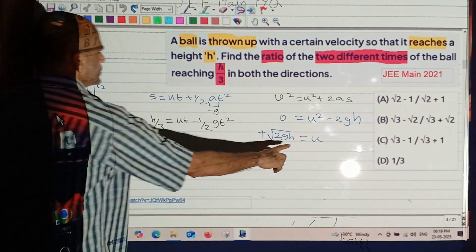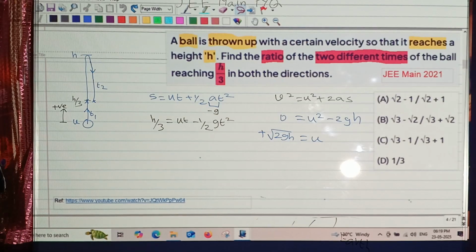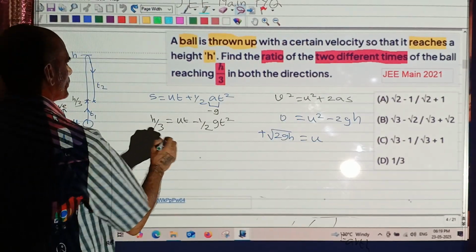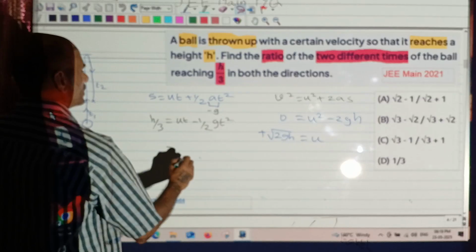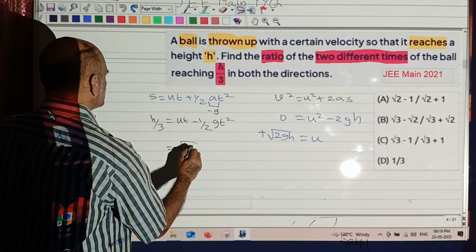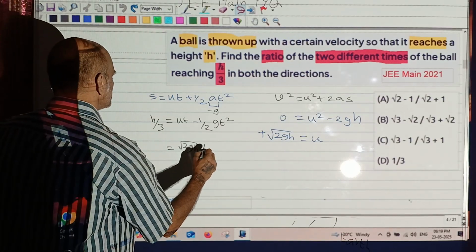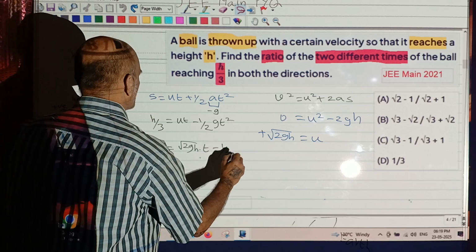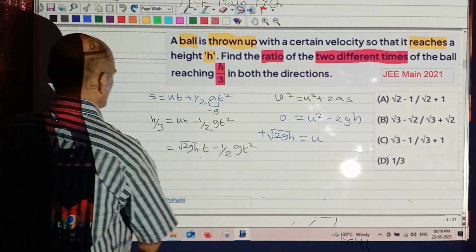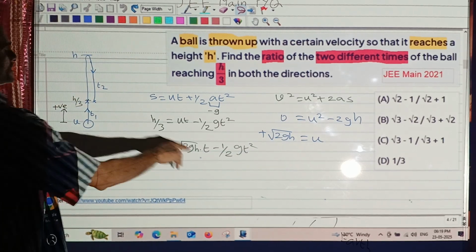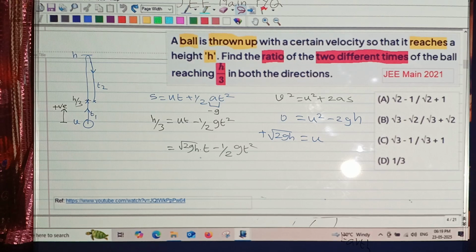Okay. Now using this value of u here, h by 3 equals square root of 2gh into t minus half g t square. So this is a quadratic equation. You have to solve for t1 and t2.